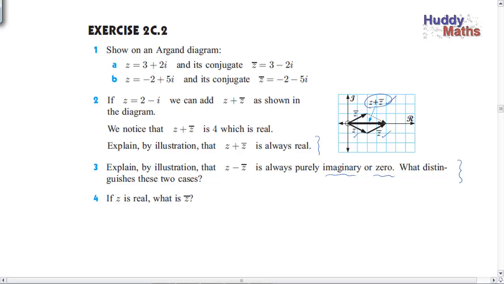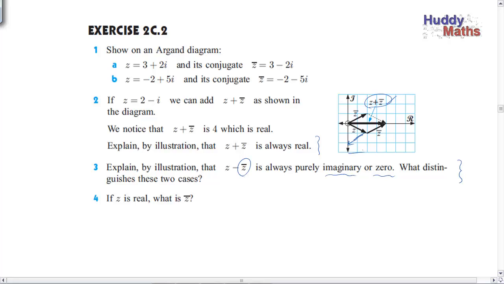That's our illustration. Z take the conjugate of z. Let's use their diagram, and then we add the conjugate of z. The real parts are the same, the imaginary parts are negative, so when you take it, the real parts are going to cancel out.